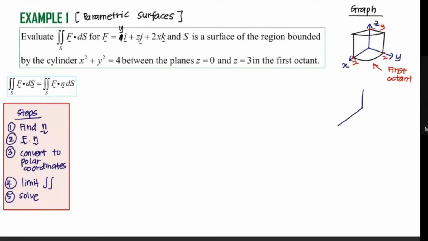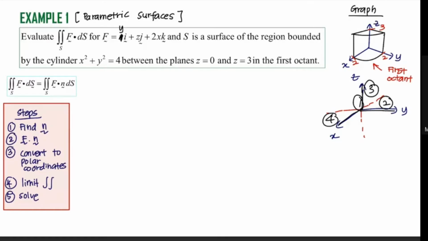If we have these 3 coordinate axes, x, y, and z, you can divide this 3D coordinate system into 8 regions. So the first region is here. This one is second, third, fourth.